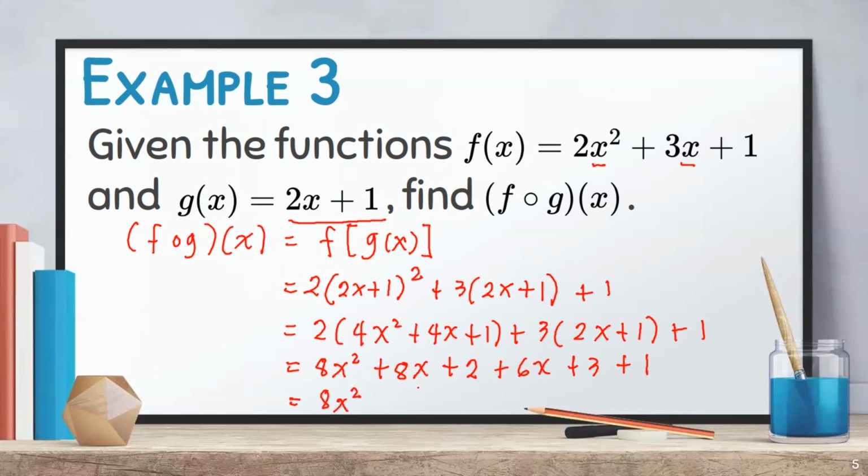So once again, combine positive 8x to positive 6x. So you will have positive 14x. Then combine positive 2 plus 3 plus 1. So that will be plus 6. So therefore, the final answer is 8x squared plus 14x plus 6.